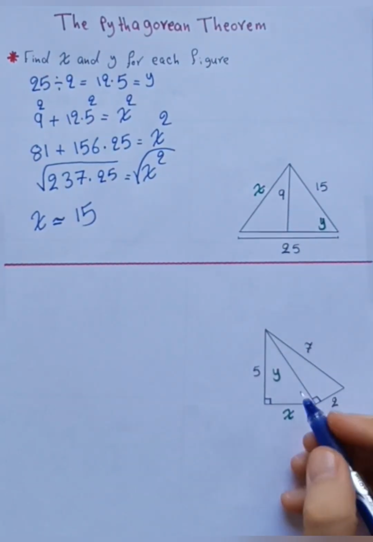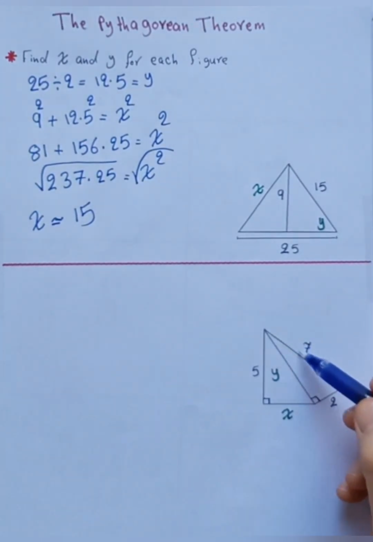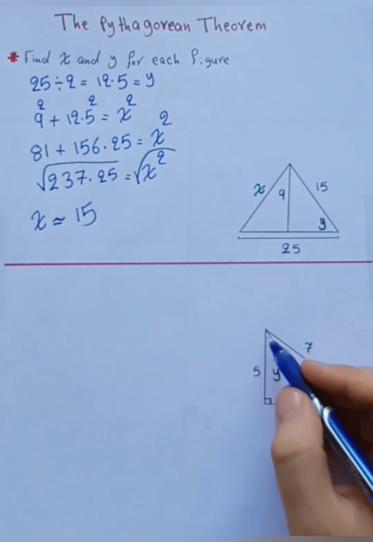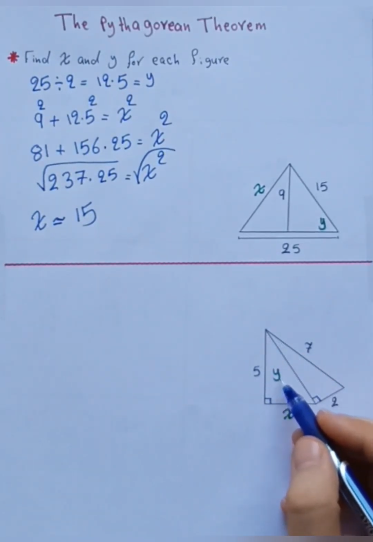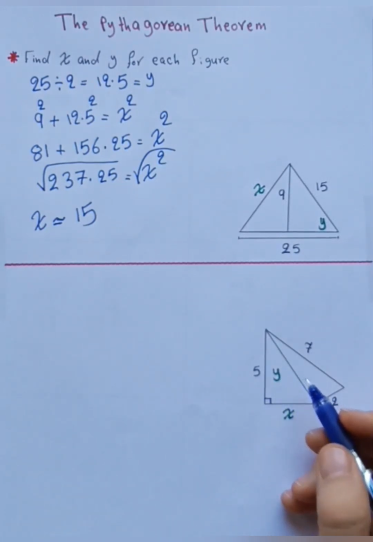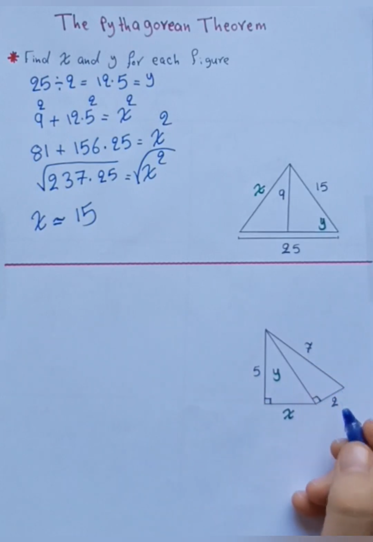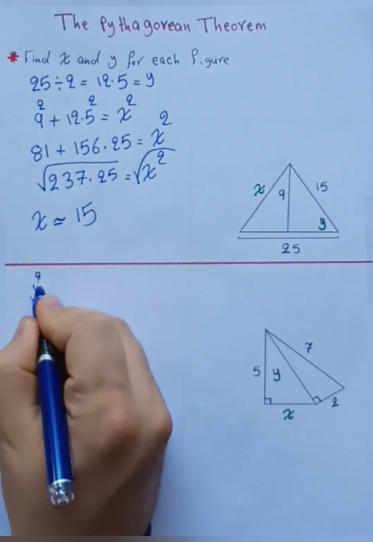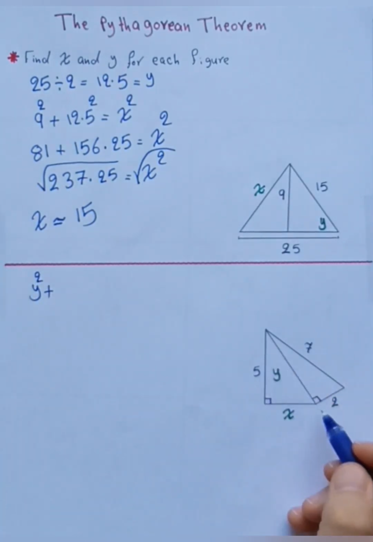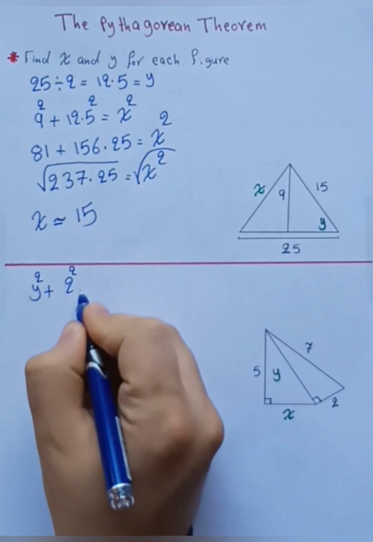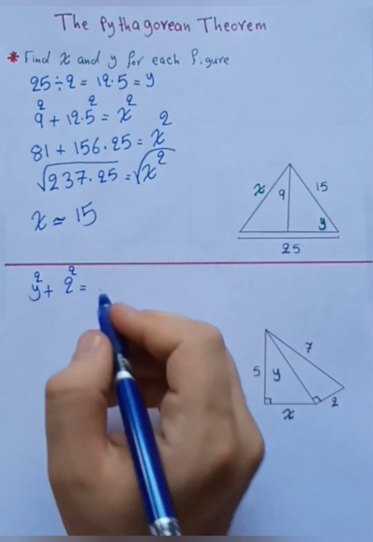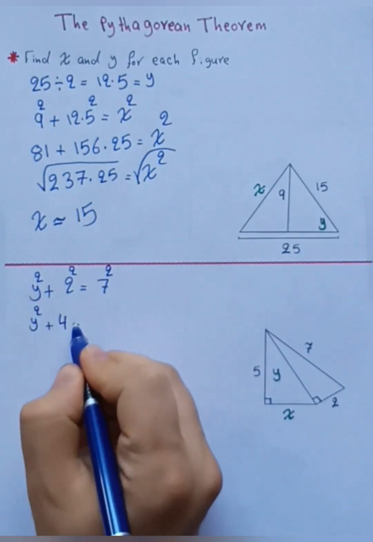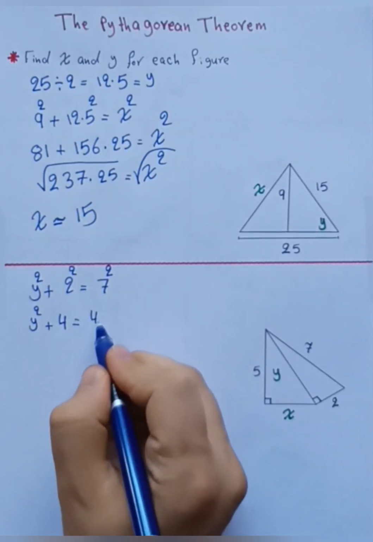In this example, you have these two triangles. The measure of this side is 7 and this one is 2, and we don't know the measure of this side. This side is y. So we can use the Pythagorean theorem: y squared plus 2 squared equals 7 squared. 2 squared is 4, and 7 times 7 equals 49.